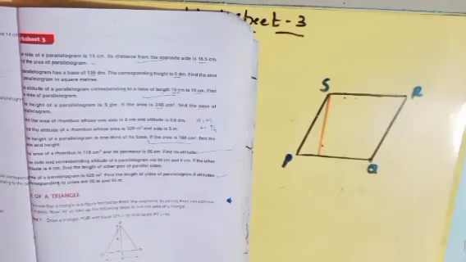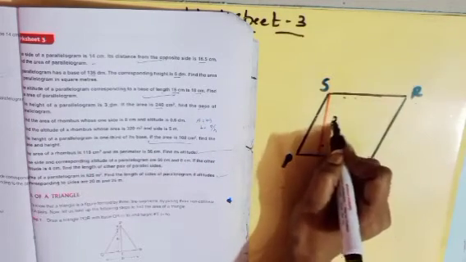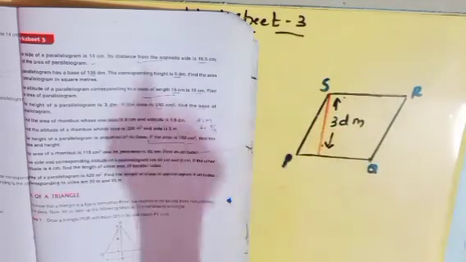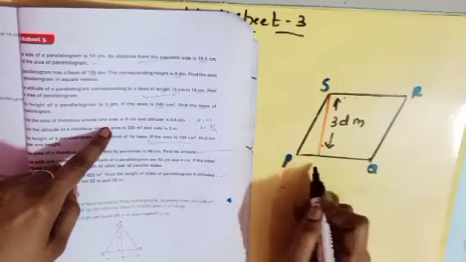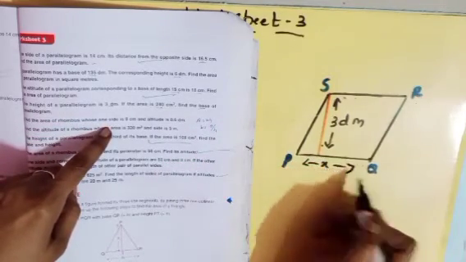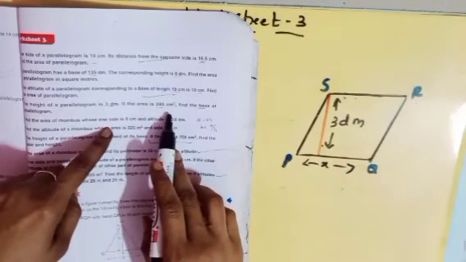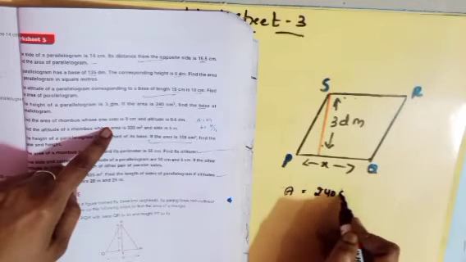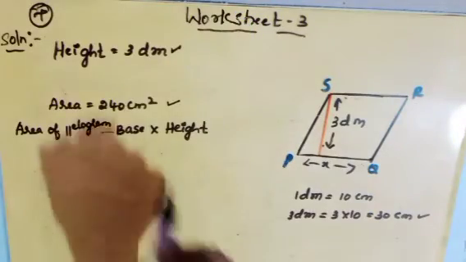Here the height is given as 3 decimeter and the base is not given. We have to find the base, so let us take base as x. The area of the parallelogram is given as 240 centimeter square.